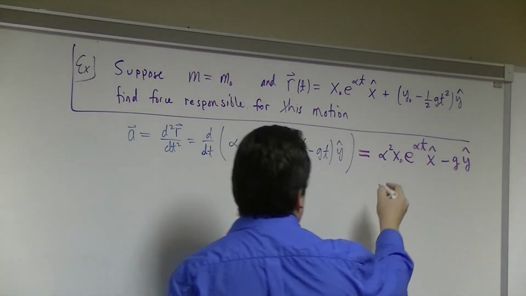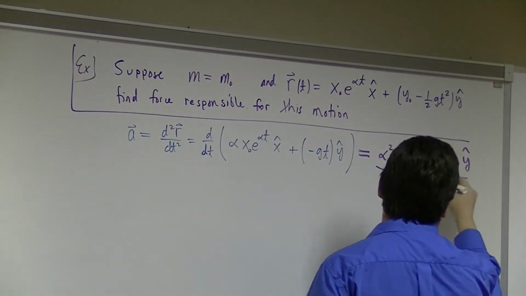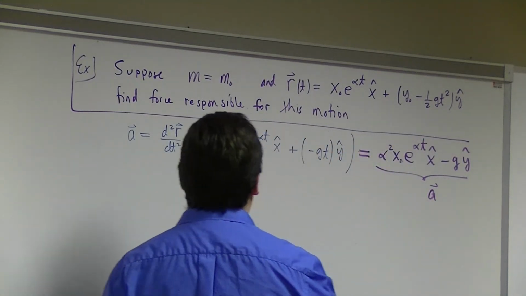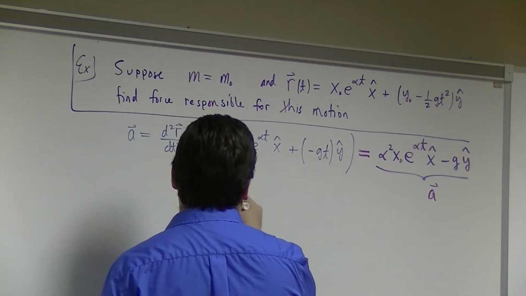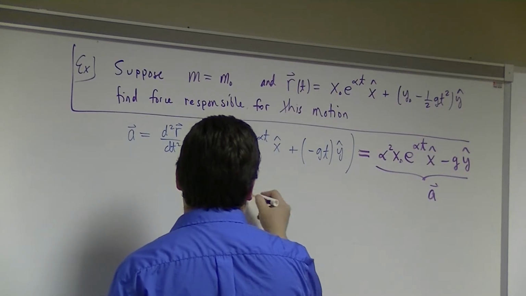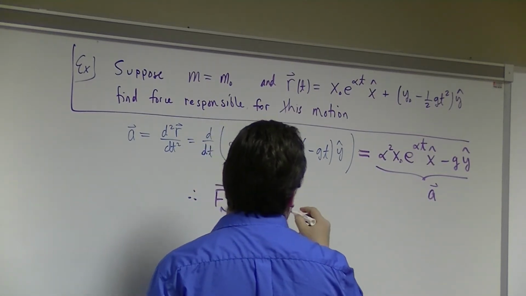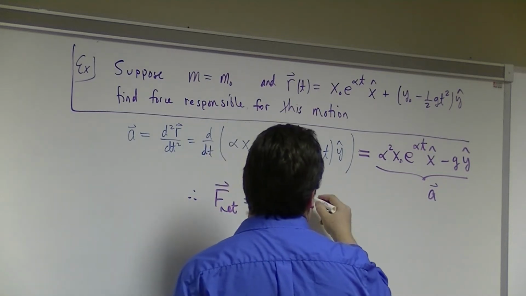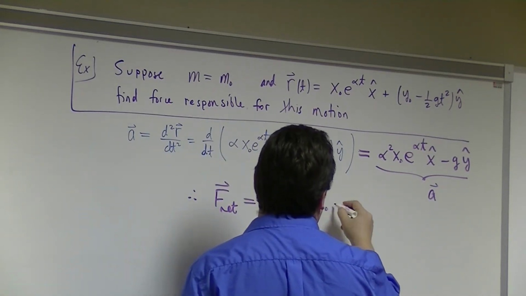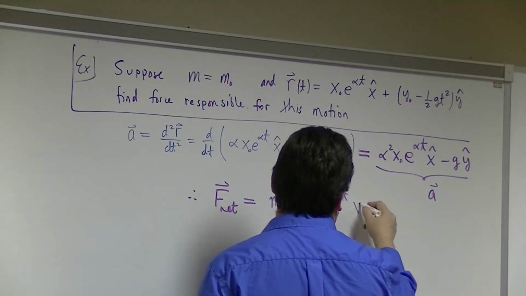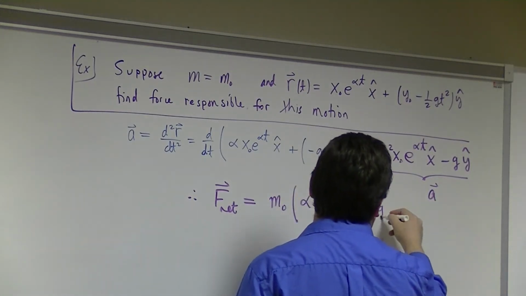So there you go. That's the acceleration. So therefore, the net force responsible is equal to m naught times parentheses alpha squared x naught e to the alpha t x hat minus g y hat.